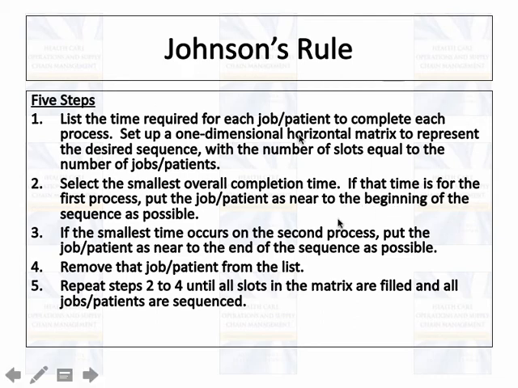Set up a one-dimensional horizontal matrix to represent the desired resources with the number of slots equal to the number of jobs or patients. So basically find out different slots. For a patient with a broken hand, we need to take an X-ray, we need to use an orthopedic doctor, we need to fix the bone, and each column represents the amount of time, the number of hours, needed to do that process.